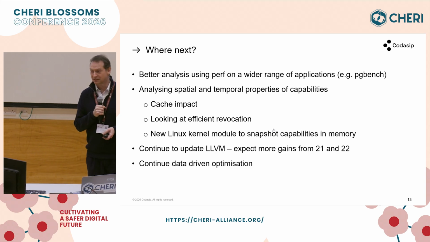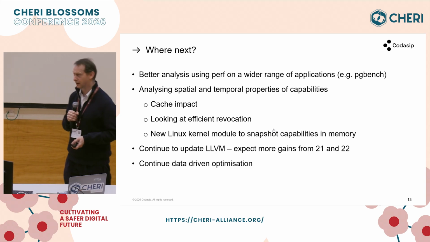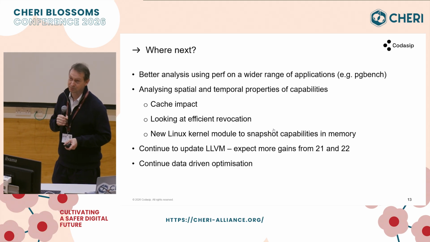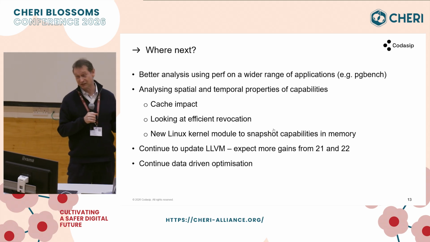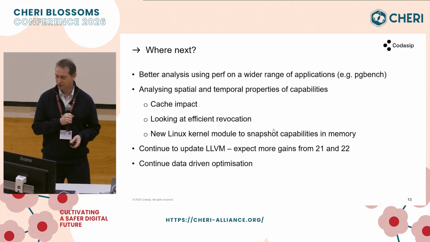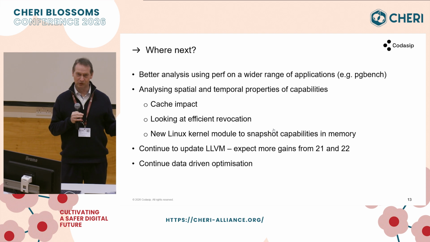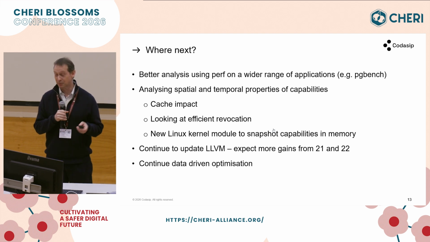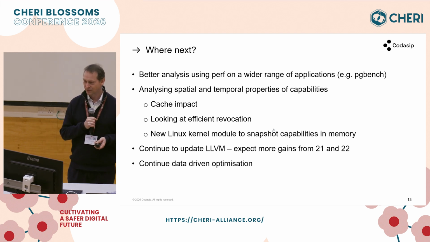In terms of where next, now that we have perf, and we're also expanding the size and complexity of applications we can run, we'll do a lot more work on a broader set of benchmark applications under Linux.